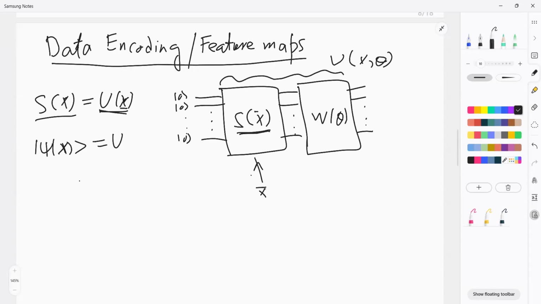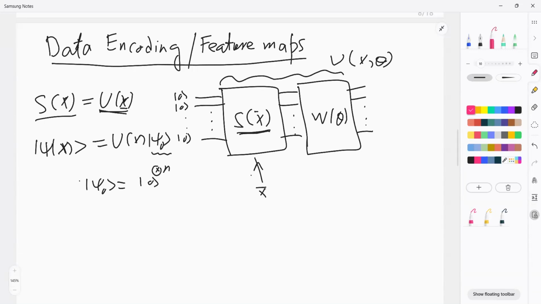So psi of X is U of X operating on some initial state psi naught. Many times this initial state is the zero state, but sometimes it could be a state other than the zero state as well.